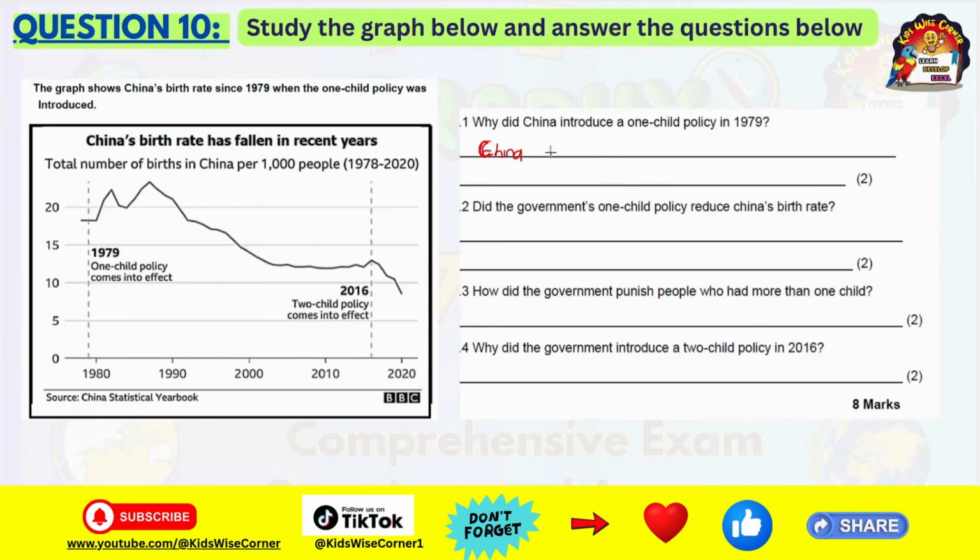So China introduced a one-child policy in 1979 to control rapid population growth.